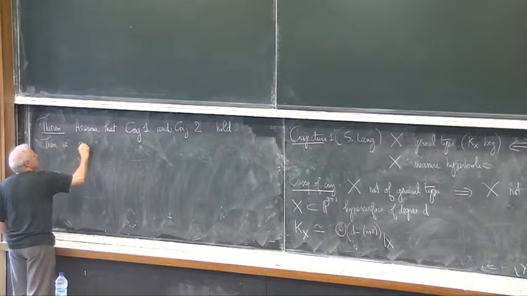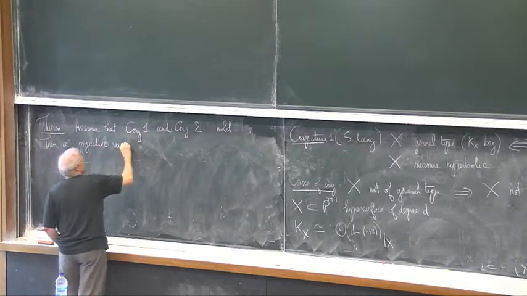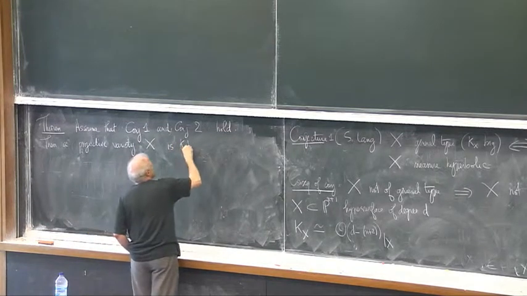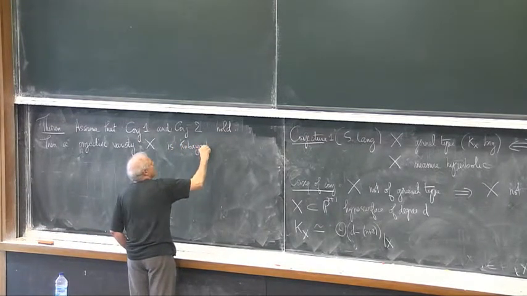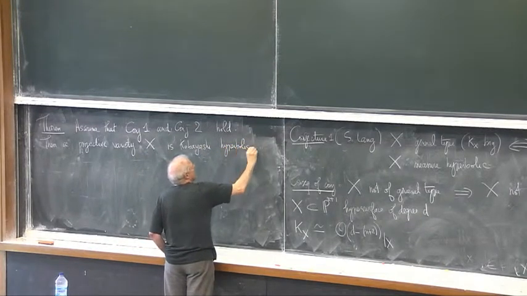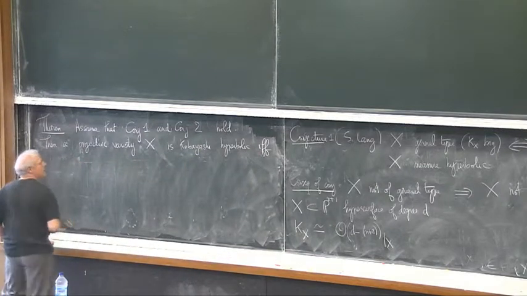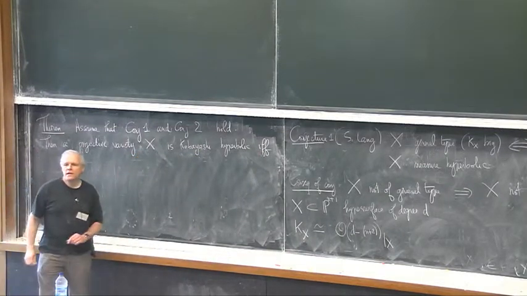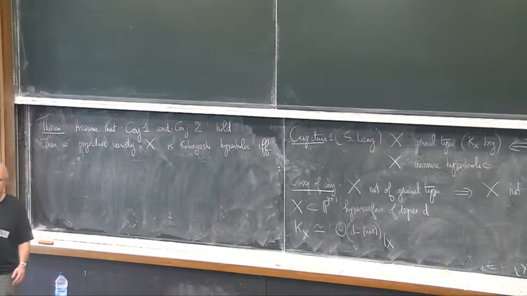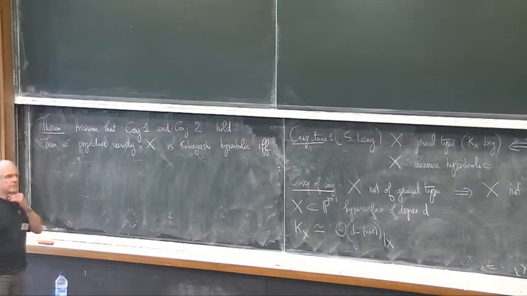Then a projective variety X is Kobayashi hyperbolic if and only if every algebraic subvariety, possibly with singularities, irreducible, is of general type.